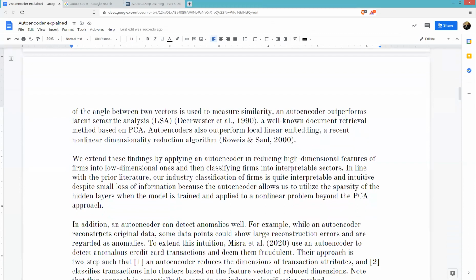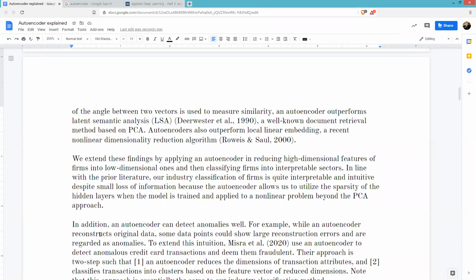Actually, I did some research with autoencoder. My research is basically classifying firms to define new industries. My research extends these findings about autoencoder by applying an autoencoder in reducing high dimensional features of the firm. A firm contains a lot of information, like big data about a firm you can imagine.